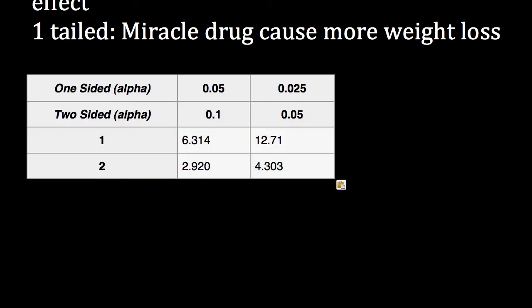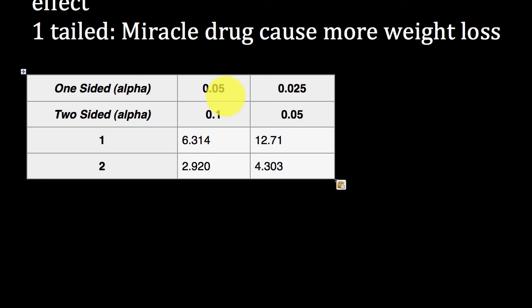So here's just a portion of the t-table, and let's look at the critical t values for 2 degrees of freedom, which is going to be this row. We'll first start with our two-sided alpha of 0.05. We would need a t statistic greater than 4.3 or less than negative 4.3 to reject the null hypothesis.